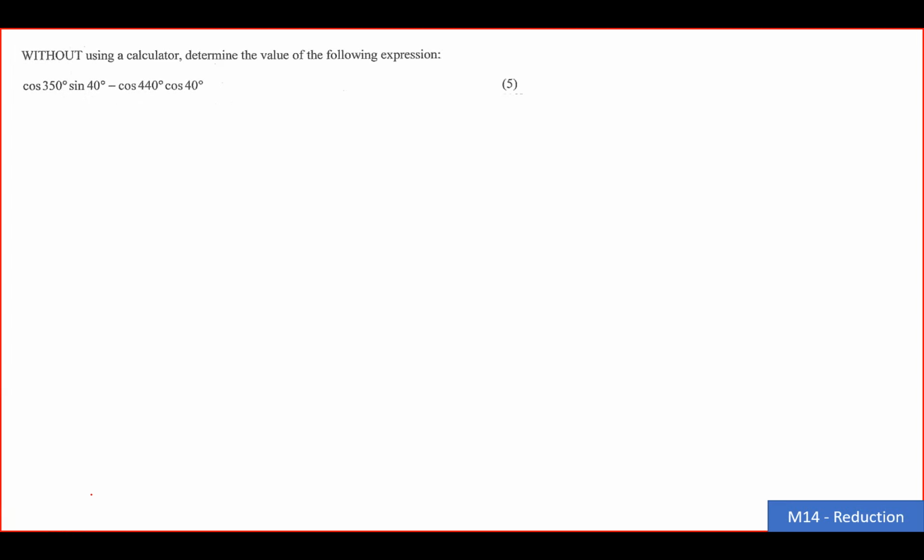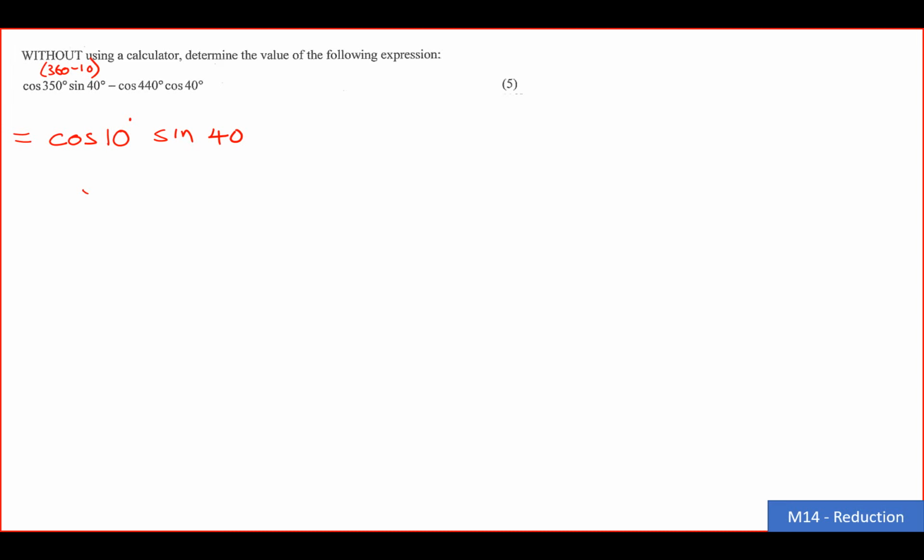So if we look at 350, 350 is in your fourth quadrant, and we can write 350 as 360 minus 10. So we can rewrite this as cos, and remember in the fourth quadrant cos is positive, so it's cos 10. And the next to it is sine 40.